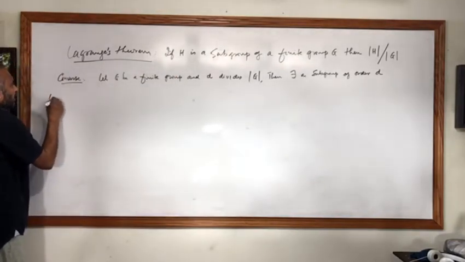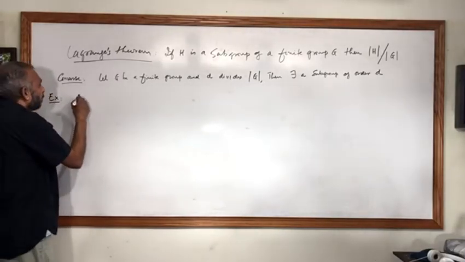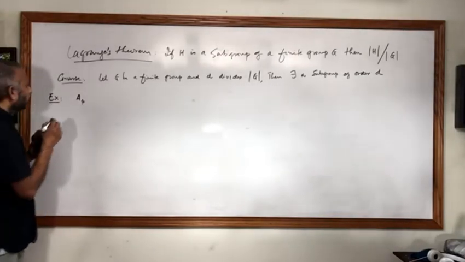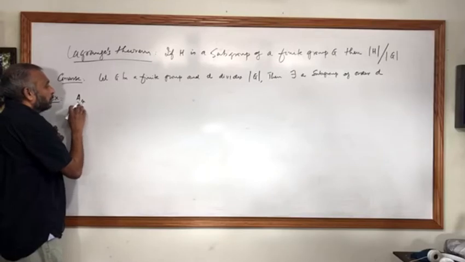So the counterexample is A4, the alternating group on 4 elements. It's the group of even permutations with 4 elements.